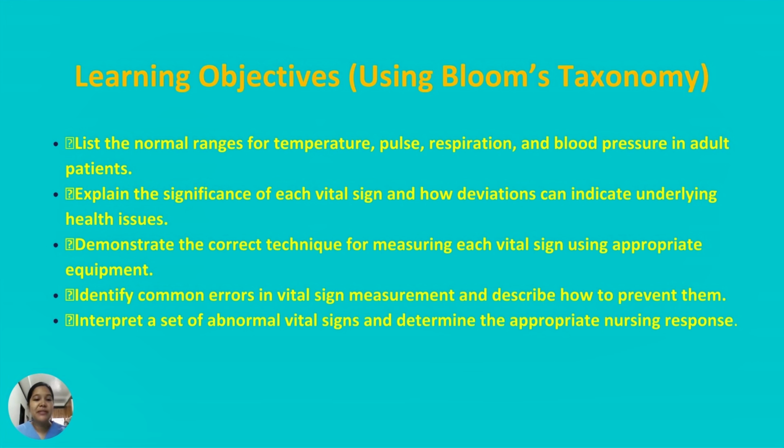Explain the significance of each vital sign and how deviations can indicate underlying health issues. Demonstrate the correct technique for measuring each vital sign using appropriate equipment. Identify common errors in vital sign measurement and describe how to prevent them. Interpret a set of abnormal vital signs and determine the appropriate nursing response.